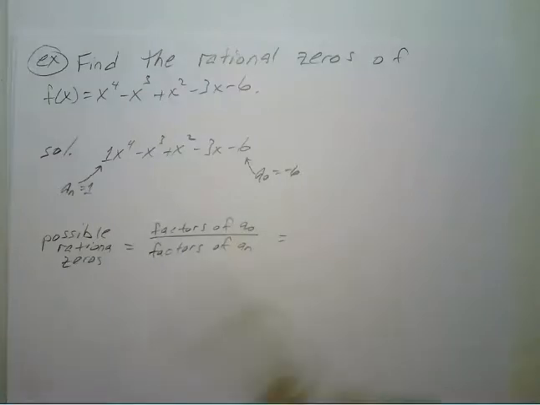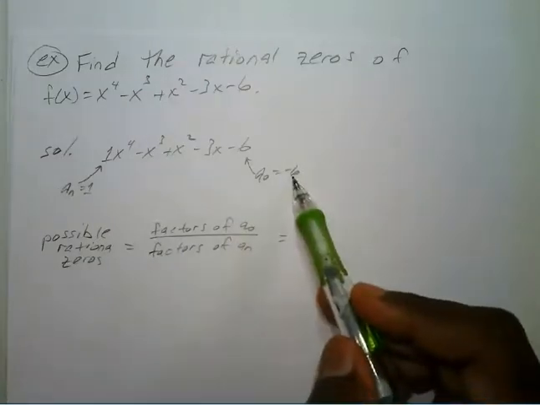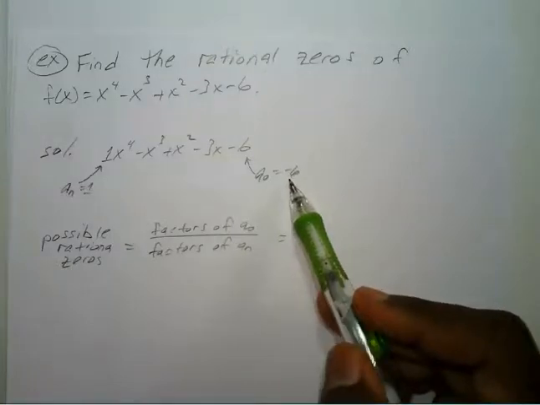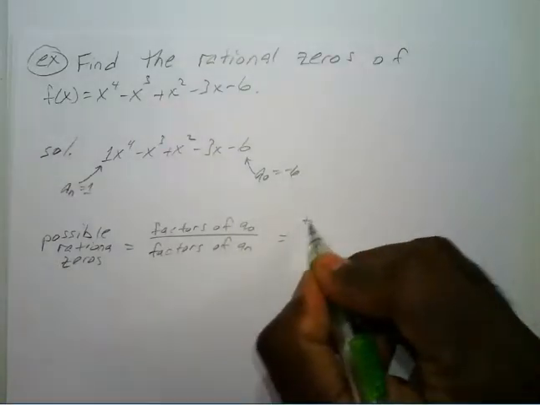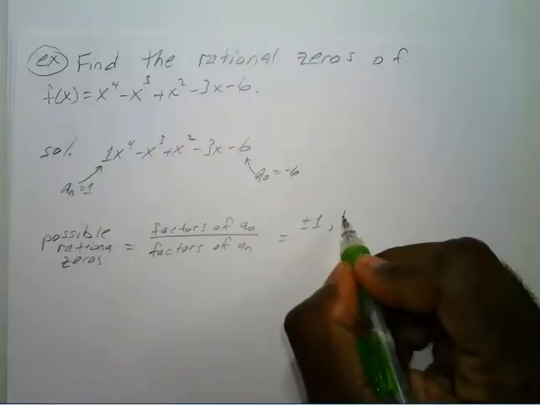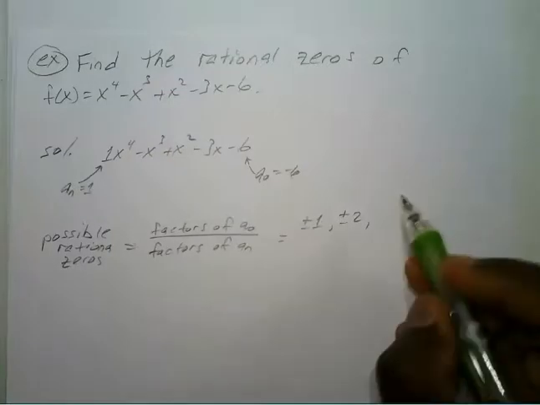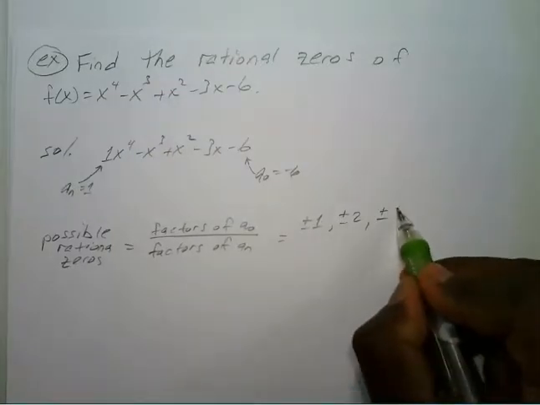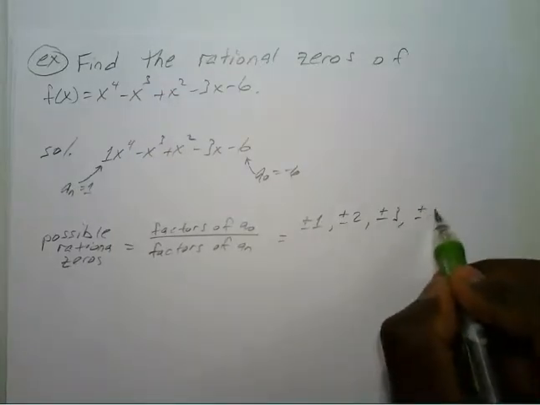What's a factor of a sub 0? What number can you divide into it and your answer will be a whole number? You can divide by positive or negative 1, positive or negative 2, positive or negative 3, and positive or negative 6.